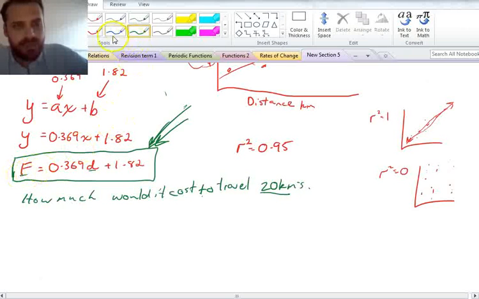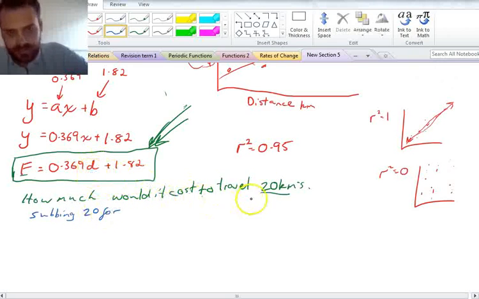And I can do that by subbing, that means substituting, 20 for the letter d, because 20 in this case represents kilometers distance. So when I do that, this formula then becomes f equals 0.369.